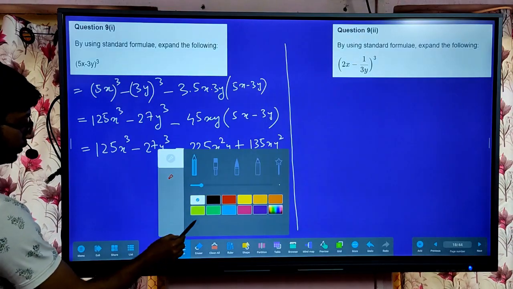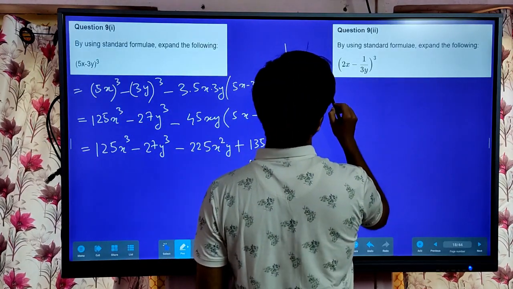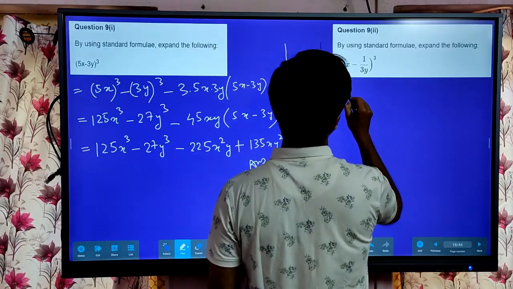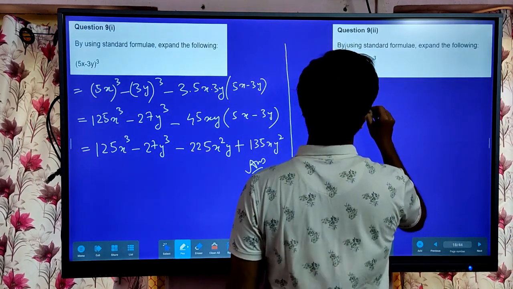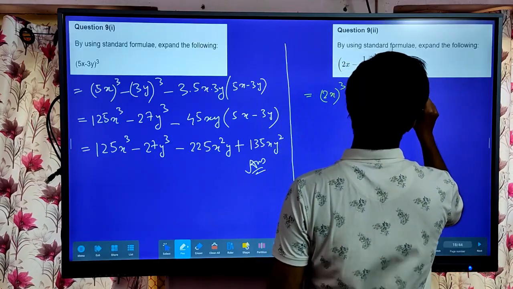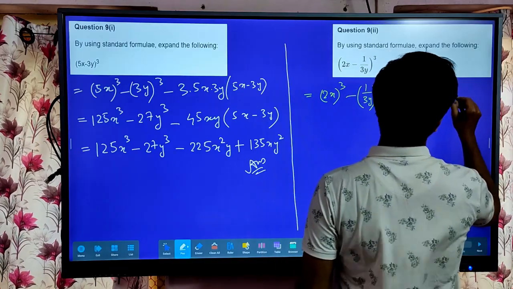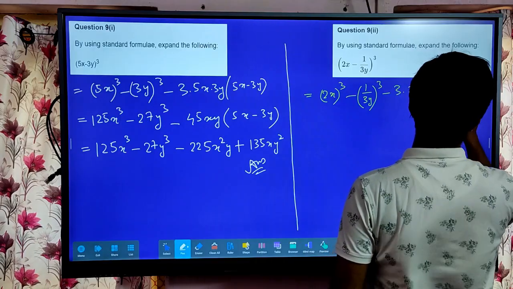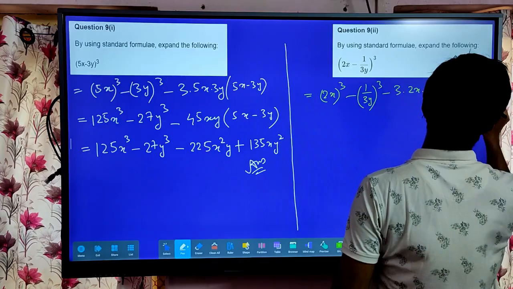Let's solve the next question. So it will be again 2x cube, this is a minus b whole cube, so 2x cube minus 1 by 3y whole cube minus 3 into 2x into 1 by 3y into 2x minus 1 by 3y.